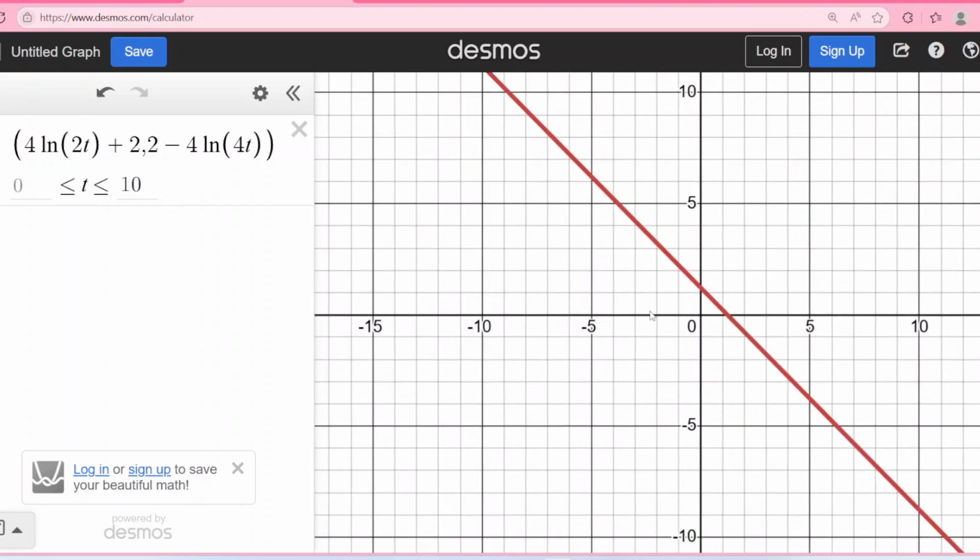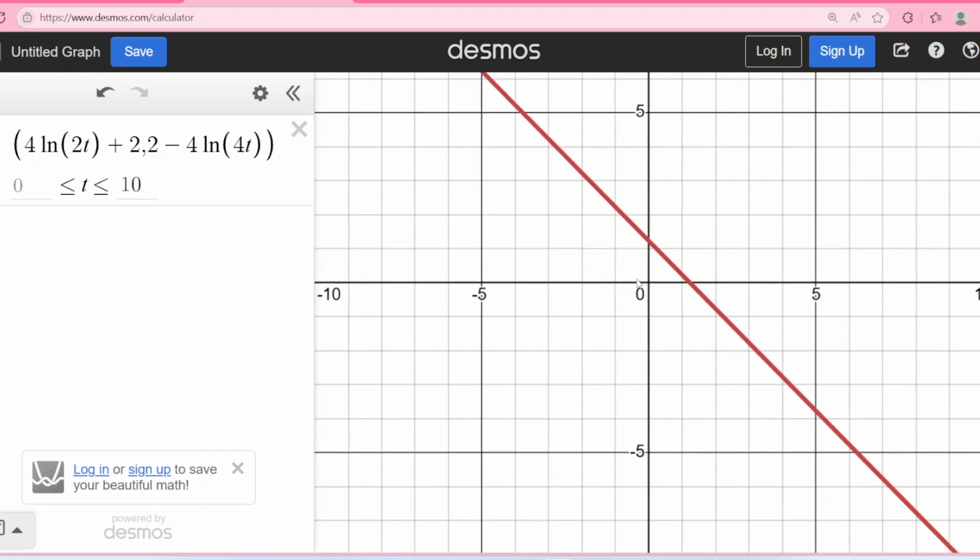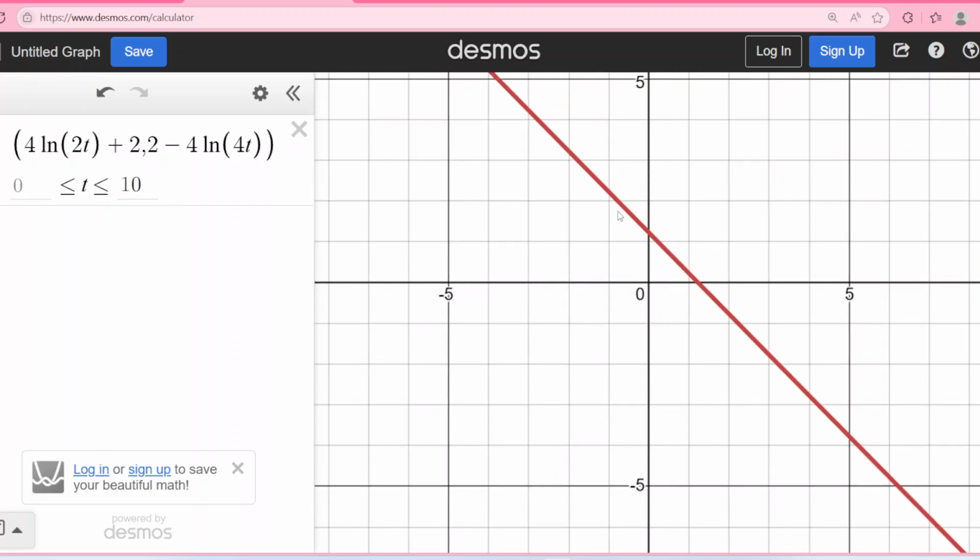And it might not be that obvious that the slope is -1, but we can plug in some values of t here and get 2 points on the curve.